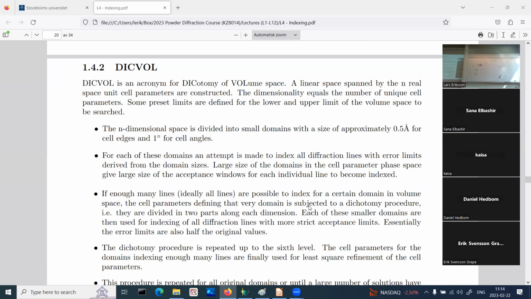If it is, then it makes a dichotomy of that small domain and tries the smaller part until it either finds a very small one that is able to index all the lines, or may fail. If it finds a domain that fits all lines, then it goes to least squares.